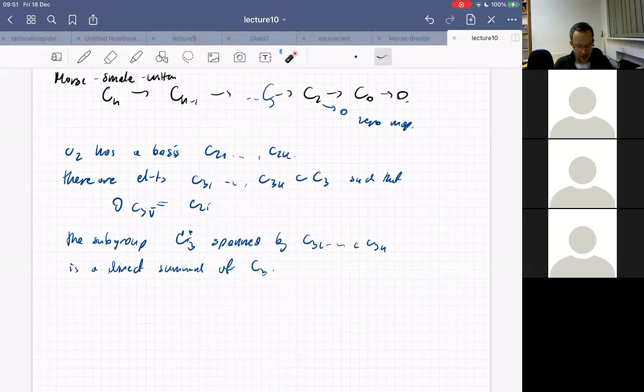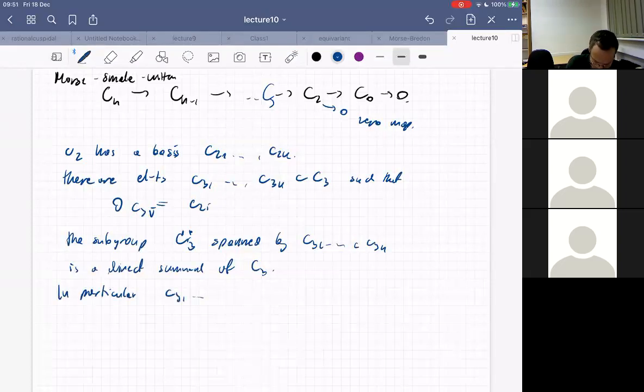And since this map is surjective, there will be some torsion in the homology of C_3. In particular, C_{31} up to C_{3K} can be completed to a basis of C_3.